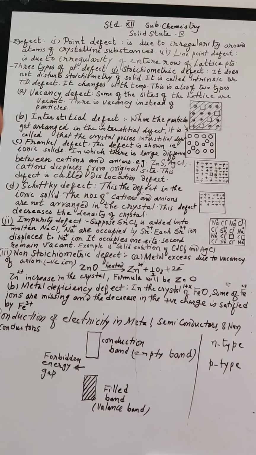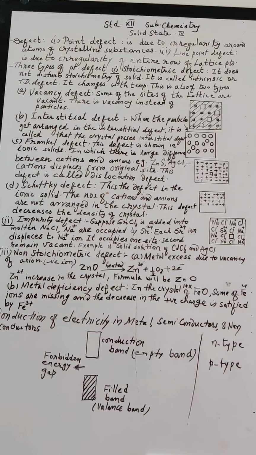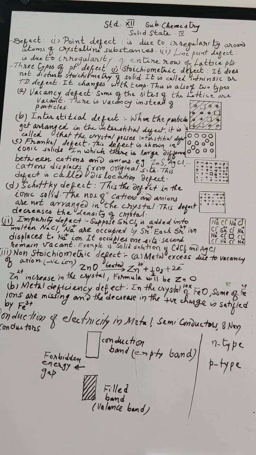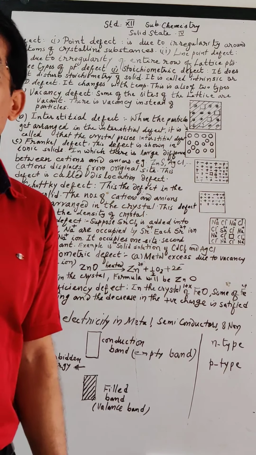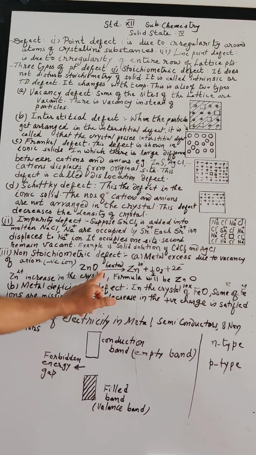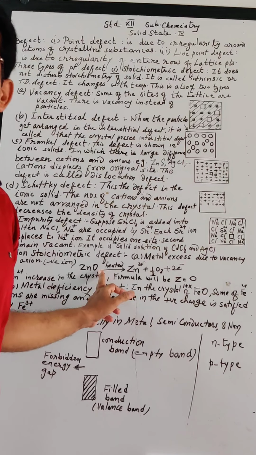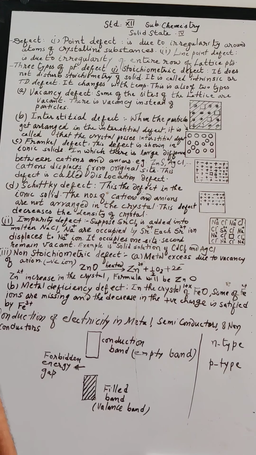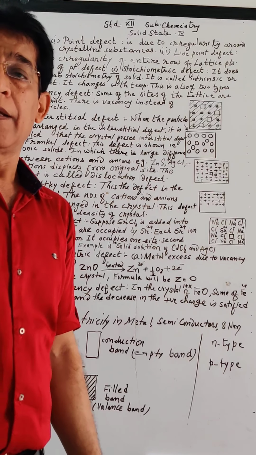Metal excess defect is also due to presence of extra cations on the interstitial sites. When white colored zinc oxide is heated, it becomes yellow because it loses oxygen.